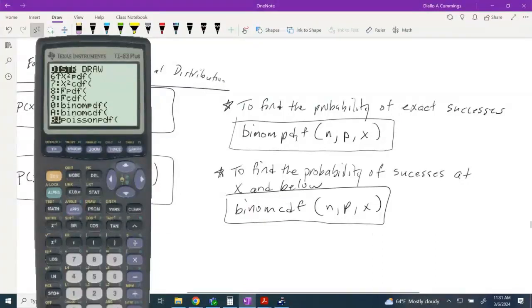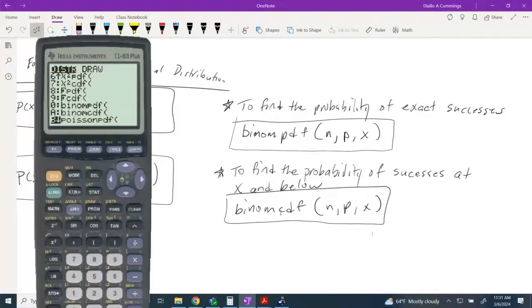Okay, so to put some meaning to these, the binomial PDF stands for the binomial probability distribution function. The binomial CDF stands for the binomial cumulative distribution function. So if you think about the word cumulative, like the final exam is going to be cumulative.